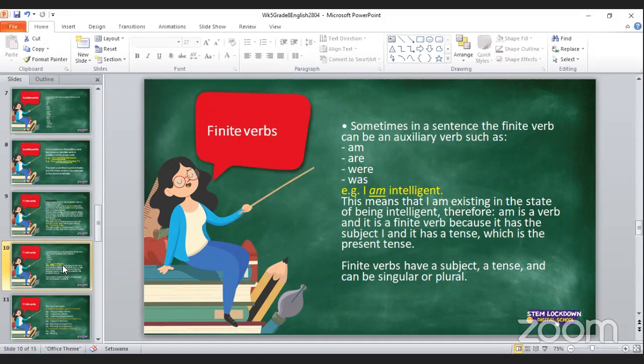The word I is a pronoun, am is an auxiliary verb, and intelligent is an adjective. So we don't have an action verb there. The only verb we have is an auxiliary verb, which means our auxiliary verb am will become our finite verb, right?